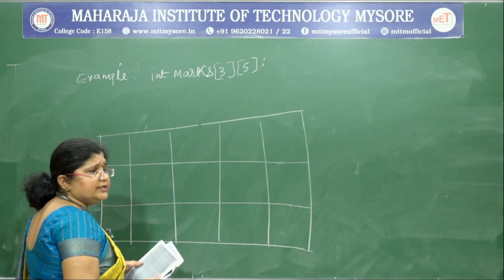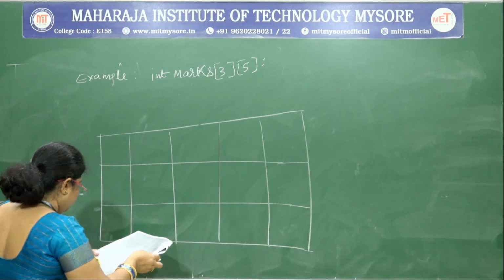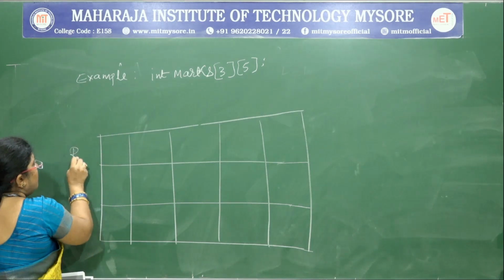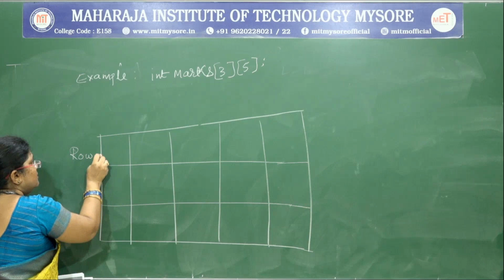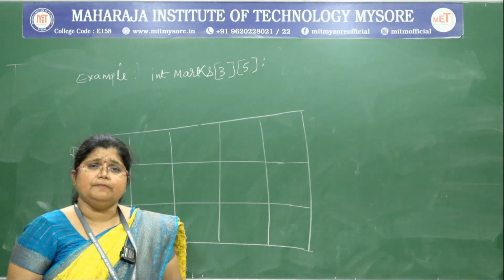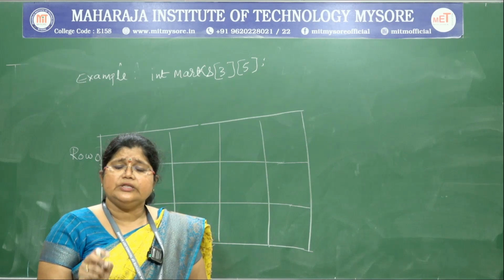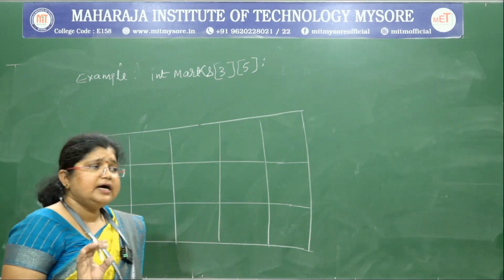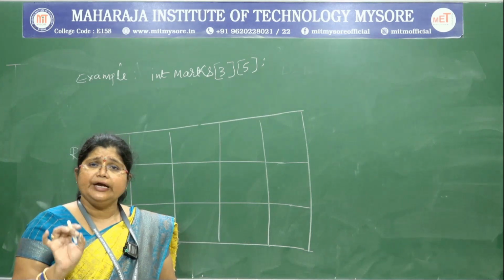Now, let us look at the subscripts. When you consider this part, this is row 0. Always, while indexing, the subscript is going to start with 0, so the array always starts with 0 indexing.